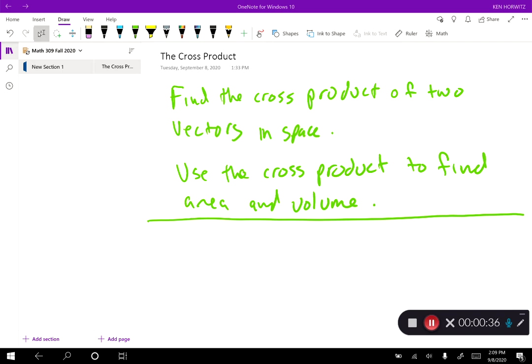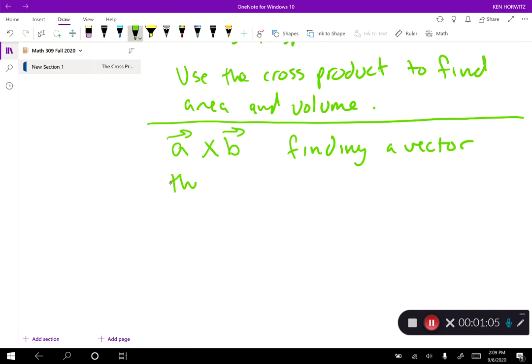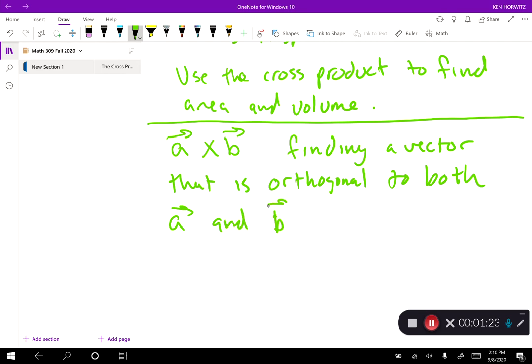The definition is that, for example, if I have vector A and I take the cross product with vector B, I'm finding a vector that is orthogonal to both vector A and vector B. So this is what the cross product does.